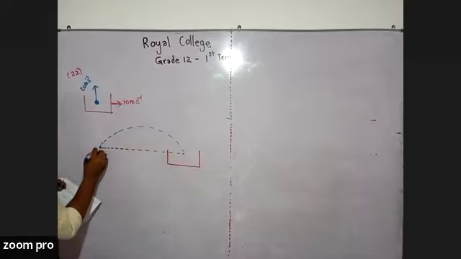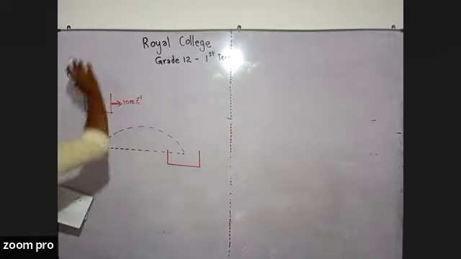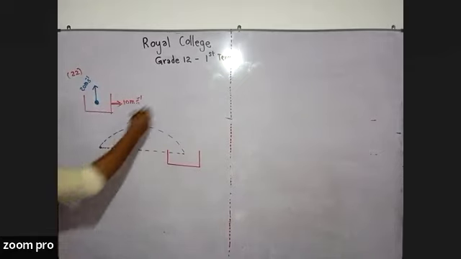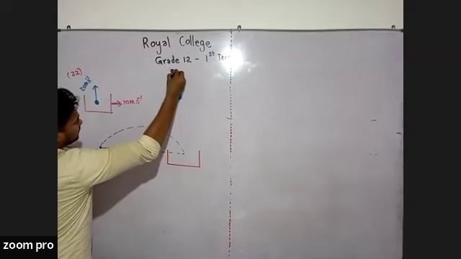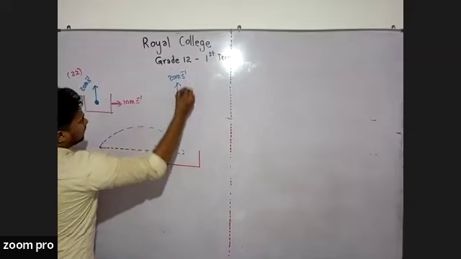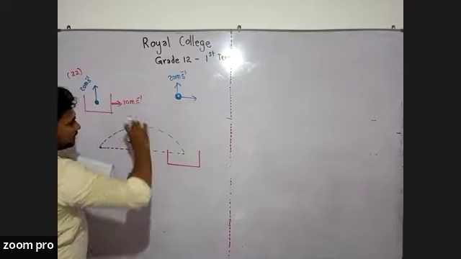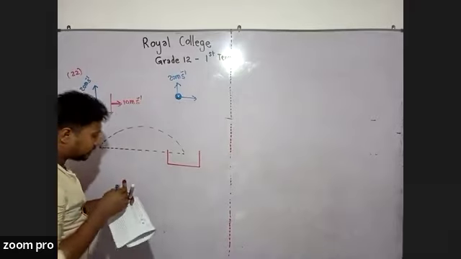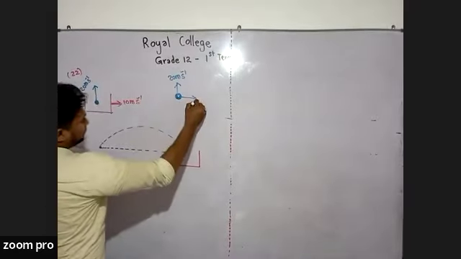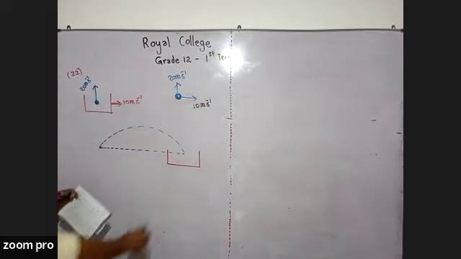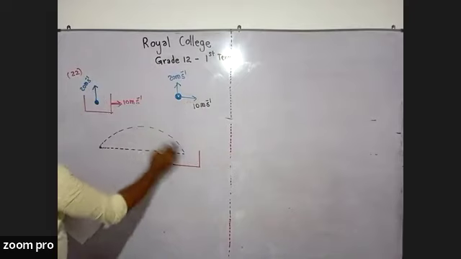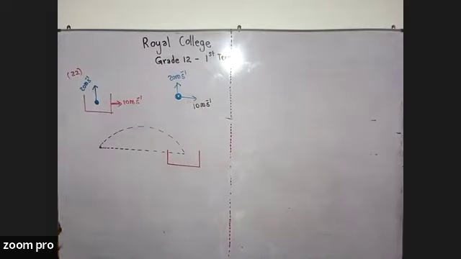Let's consider the initial one. The ball is thrown initially in a vertical direction, but now the ball experiences two types of velocity. The first one is 20 m/s, and now this ball is inside the moving trolley. That means this velocity also applies to the ball. That's why this ball experiences this kind of trajectory, right?